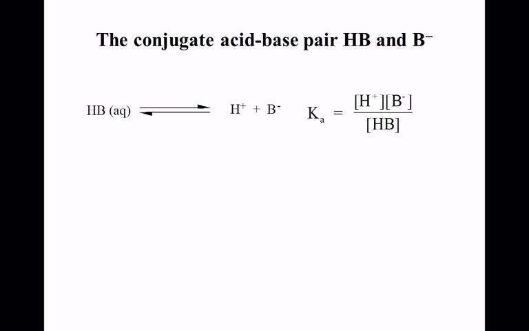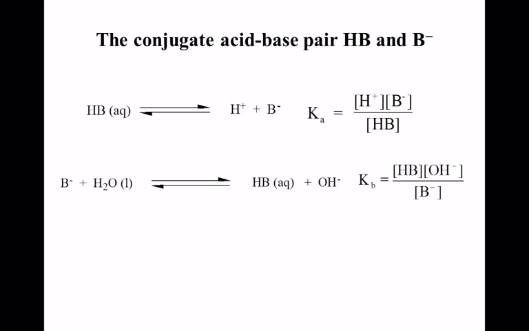And this is showing a weak base, where B minus abstracts a hydrogen from a water molecule to form HB and the hydroxide ion. So going back and forth, here we have a conjugate acid-base pair. They differ by a proton. And here we have a conjugate acid-base pair. They differ by a proton.